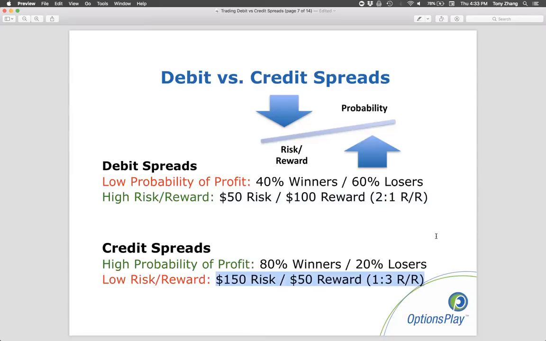What you have to do is try to find an edge in your signals, and in how you manage and predict the markets. That's going to provide you with that edge. But the overall market is always going to provide a relationship between risk reward and probability. You can always find high probability or low probability, but the trade-off is always going to be that risk reward. So it's really important to understand the difference between the two.